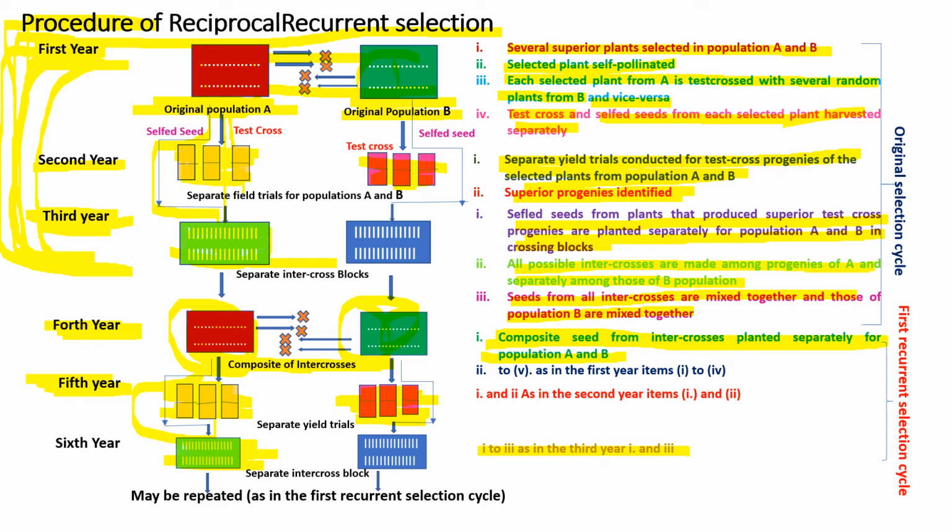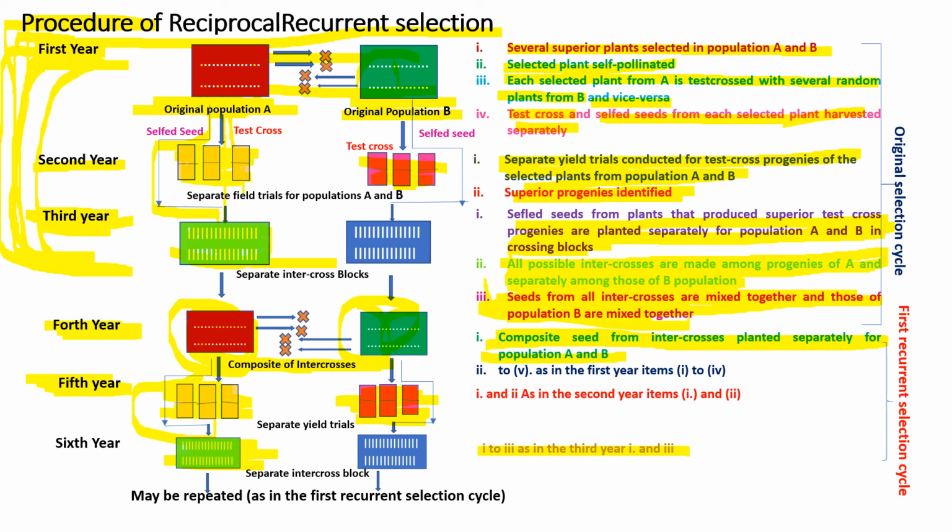Self seed from plants that produce superior test cross progeny are planted separately for populations A and B in intercross blocks. All possible intercrosses are made among progeny of A and separately among those of population B. Seed from all intercrosses of A are mixed together, and those of population B are mixed together.